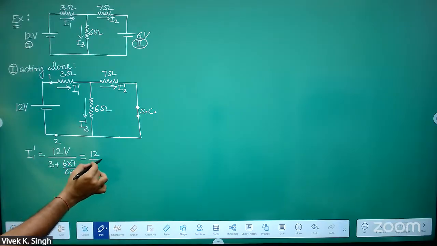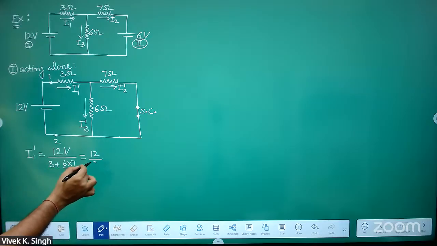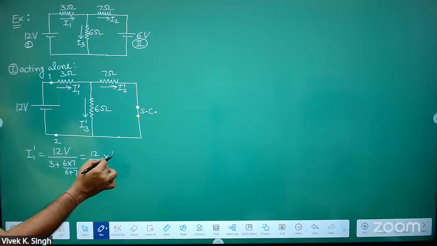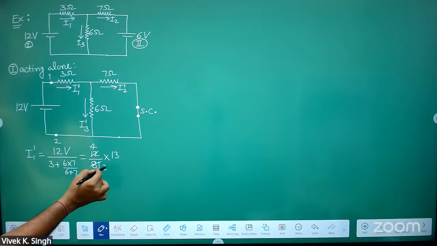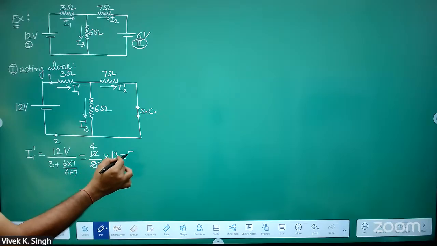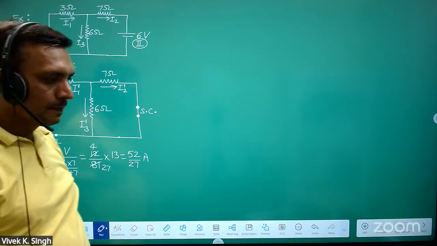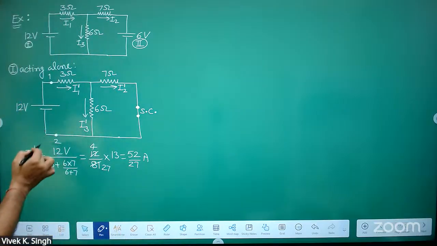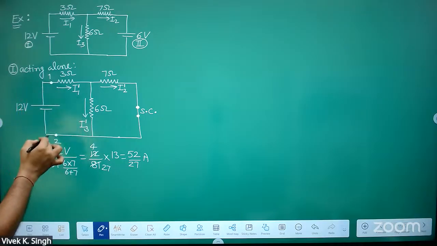So this is 12 by 81 into 13 by 27. Hence this is 52 by 27 ampere. Is it correct? Yes, sir. This is 12 volt by equivalent resistance.